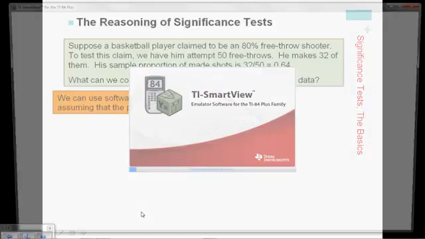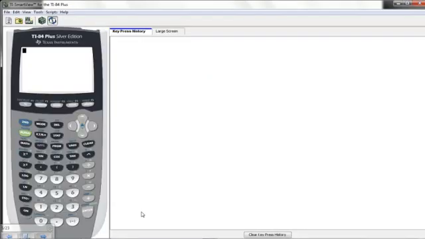We have the ability to say, for particular ranges of random numbers, we will call that a make, and for other particular ranges of random numbers, we'll call it a miss.